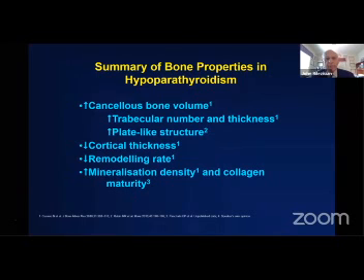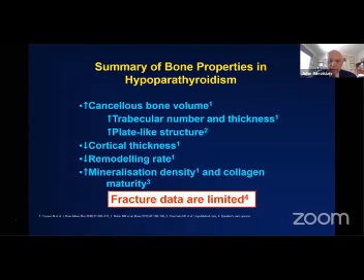So in summary, with regard to bone properties, cancellous bone volume is increased, cortical thickness may be increased or decreased. It's a little controversial about that. Not controversial is the remodeling rate, which is reduced, as well as the mineralization density and collagen maturity, both increased.